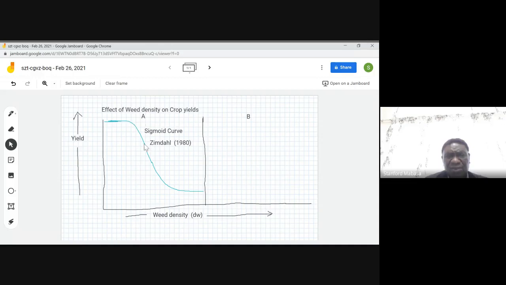Then yield starts going down very fast. Then you reach another density where again the losses are decreased. And you can represent this decrease in yield with a curve known as a sigmoid curve. And this was proposed by Zimdahl.